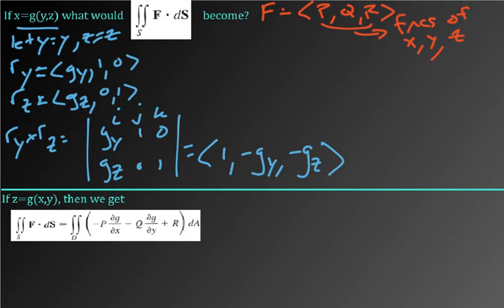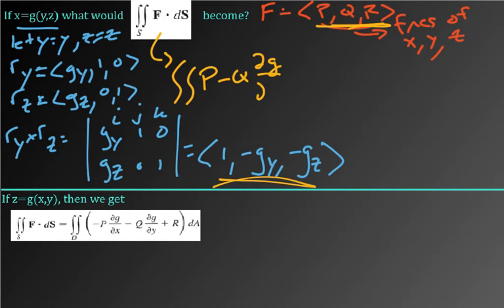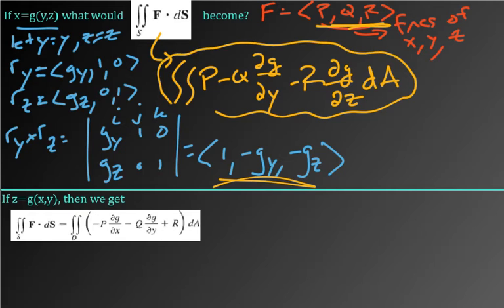And all you got to do then to do this surface integral is dot product this thing with this thing, right, you would just get P minus Q partial of g with respect to y minus R partial of g with respect to z dA.